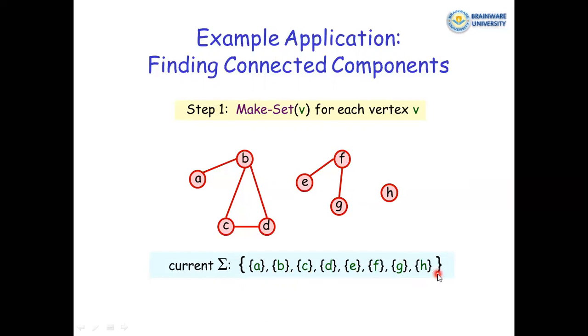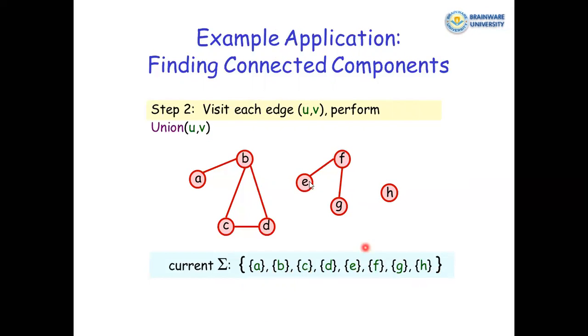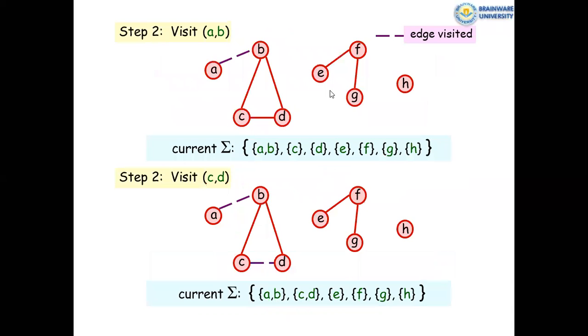After that we visit the edges one by one and apply the union operation. After applying make set, we get these vertices.